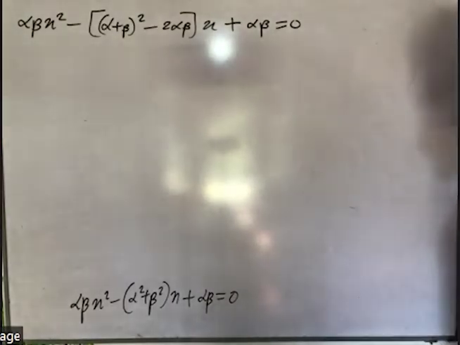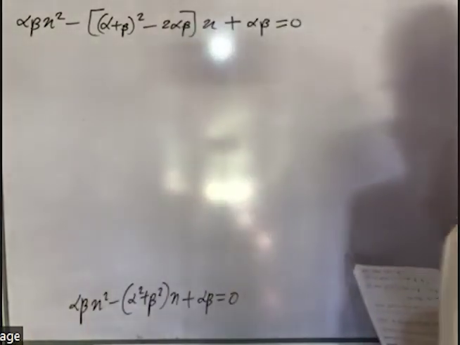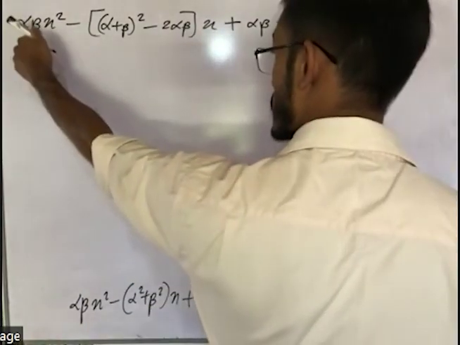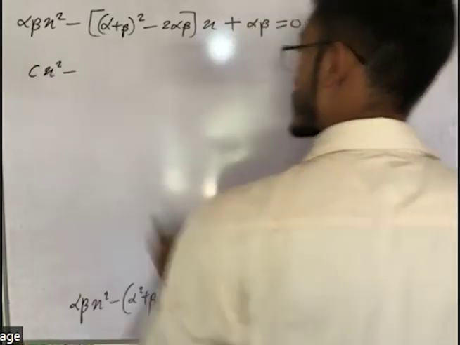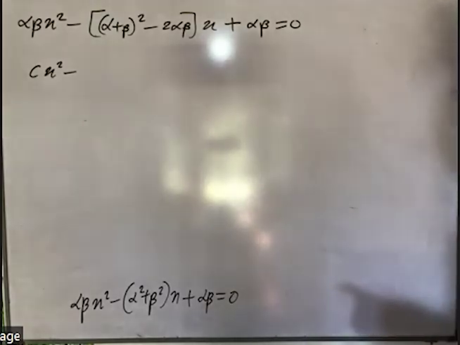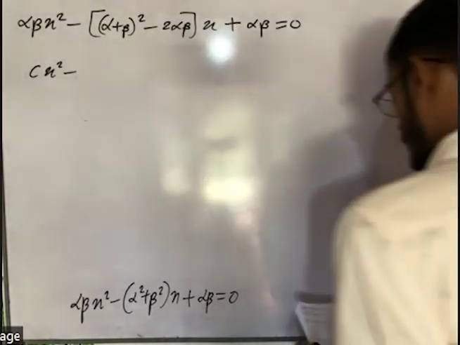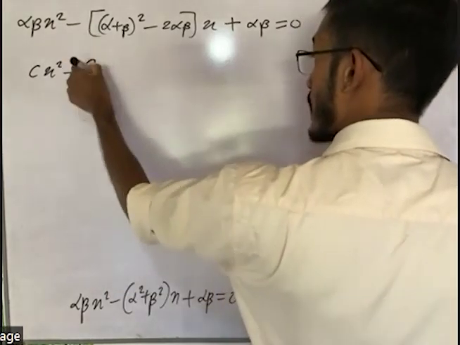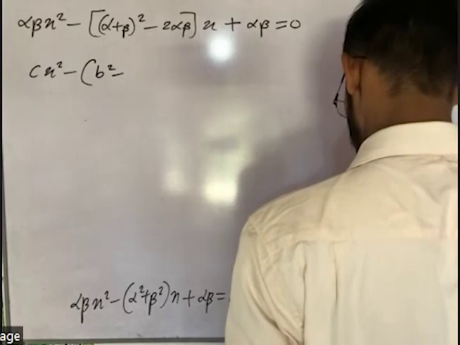Right. Now we can substitute the values of alpha plus beta and alpha beta. So we know that from the previous relation, alpha beta equal to c, alpha plus beta equal to b. So here alpha plus beta square means b square minus alpha beta is c.